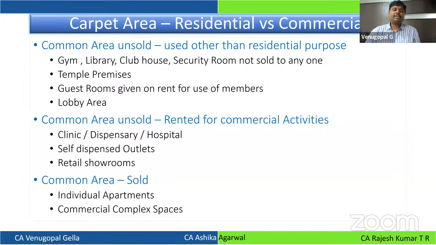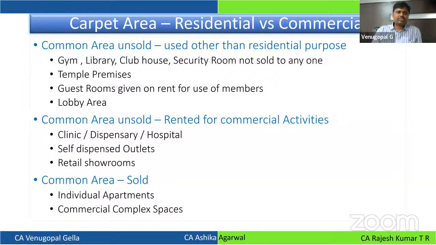Now, what happens to these areas which have not been sold and which are not residential? I was actually discussing this session with a couple of lawyers and also with Vinay and other experts. I'm sure most of you are aware, while you are making the registration of an apartment, assuming I have taken a 2,500 square feet apartment, say 3 BHK, my carpet area would be only some 1,500, 1,600.